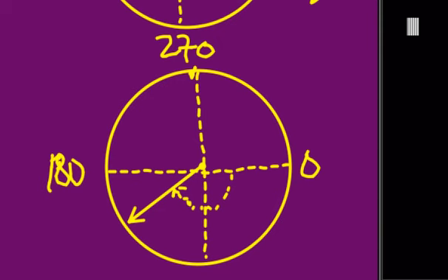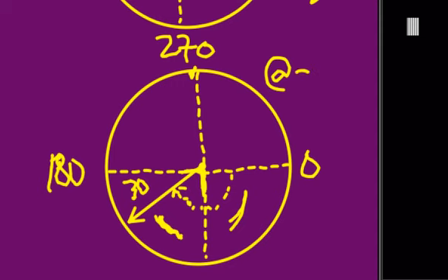And if you think about that, you've got 90 degrees here, and then think about what this is right there. If this is 30 and that whole quadrant is 90, well then this must be 60. So I have 90 plus 60, that's 150 degrees.